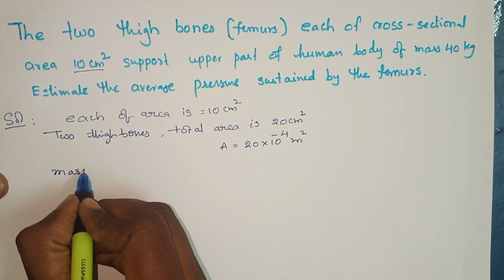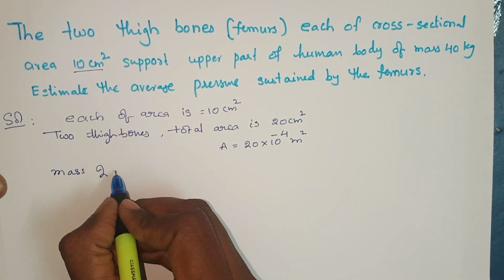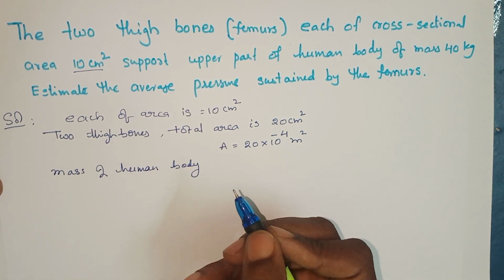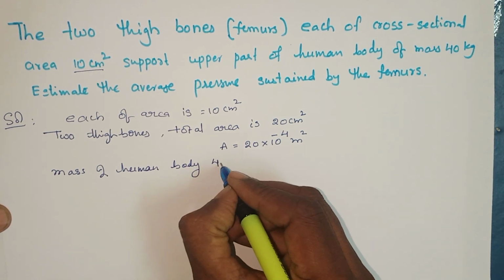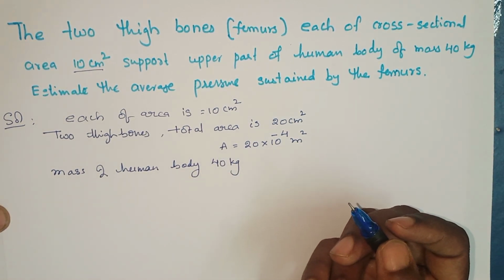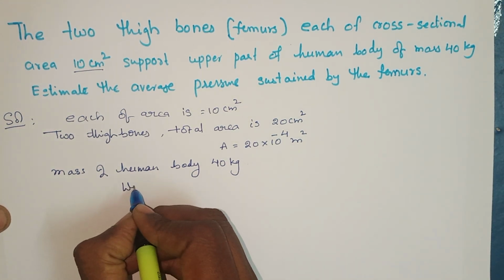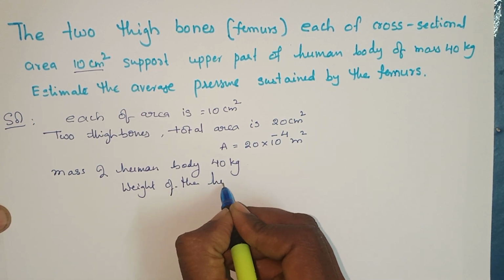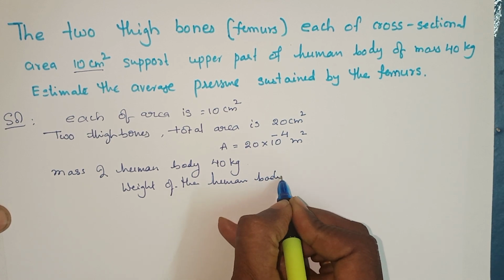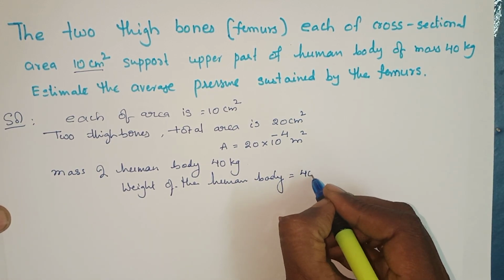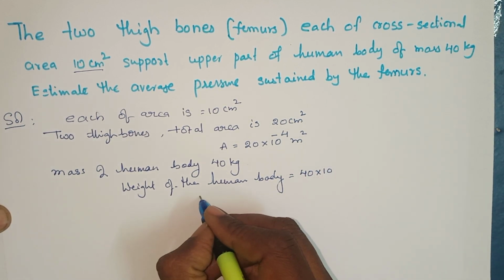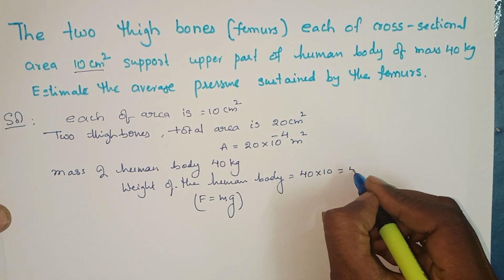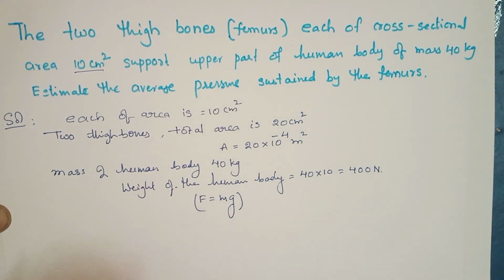The mass of the human body is 40 kg. Now the weight of the human body is equal to 40 into 10, because F is equal to mg. So 400 newtons.